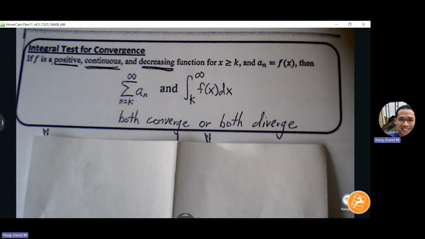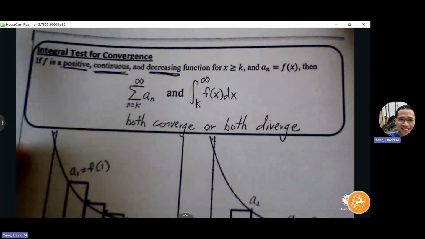So it's almost like a last resort. It's like, oh, okay, if I can't get the nth term test to show me what I need to see, and it looks like something that u-substitution can handle, okay, fine, we'll do the integral test. But typically, we like to cycle through the tests that are quicker before we commit to the integral test.